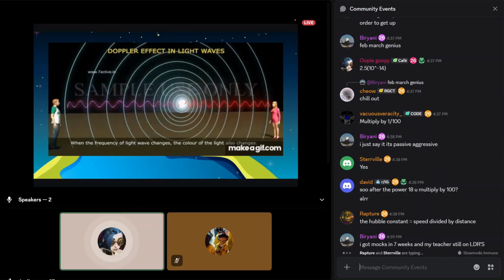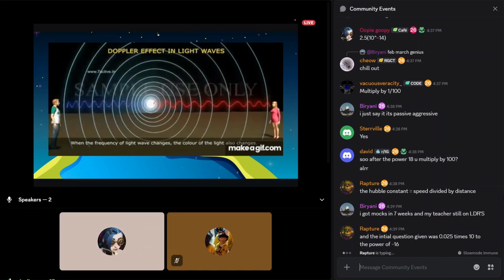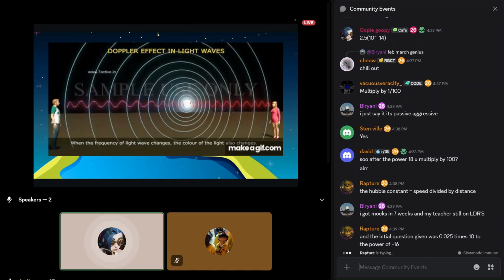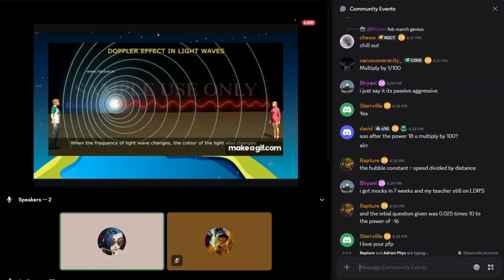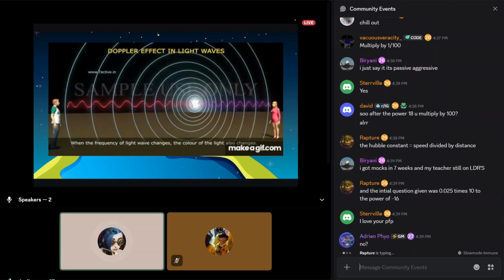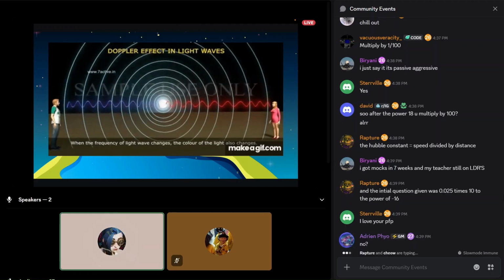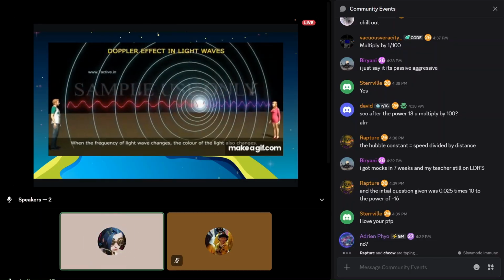So does anyone have an idea of what the Doppler effect is? Okay, I'll explain then. I'm supposed to explain anyways.